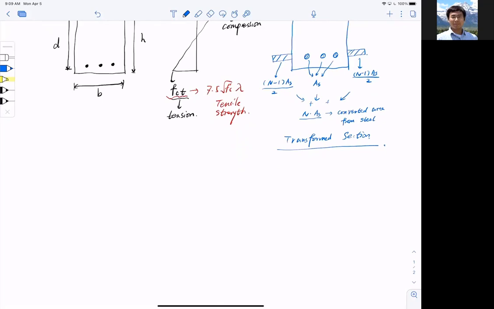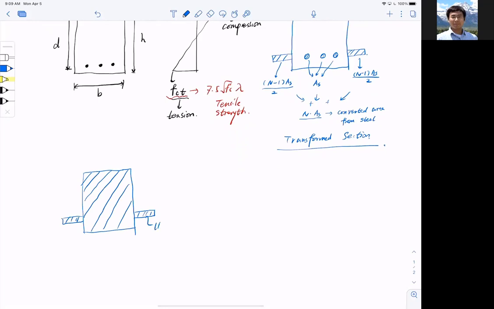But right now, after the conversion, I have a concrete beam that no longer looks rectangular, but a rectangle with small wings on the side, and this is (n minus 1) As. The outside 2 wings add up together to give me the area (n minus 1) As.